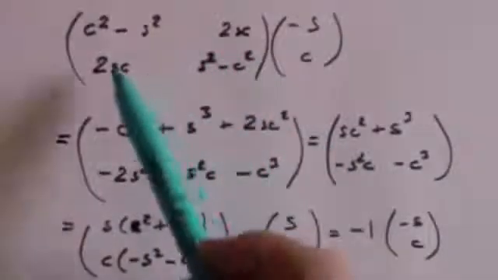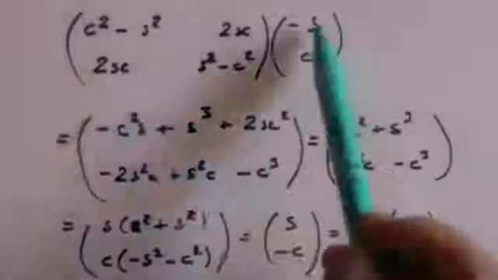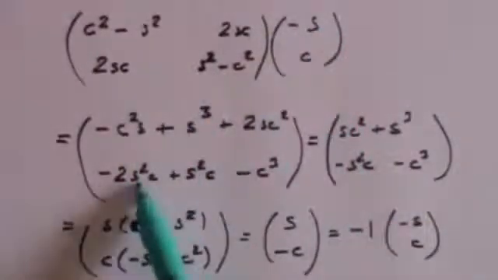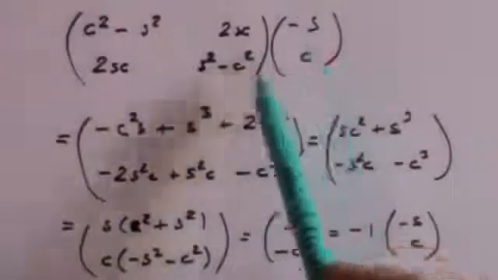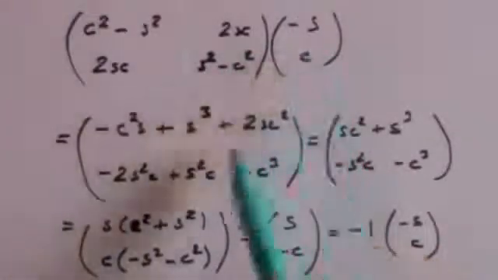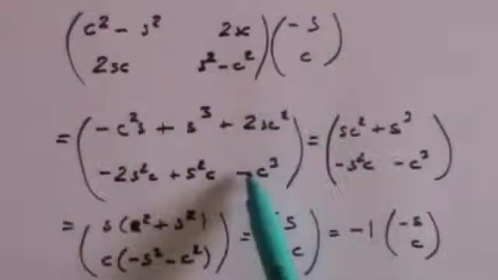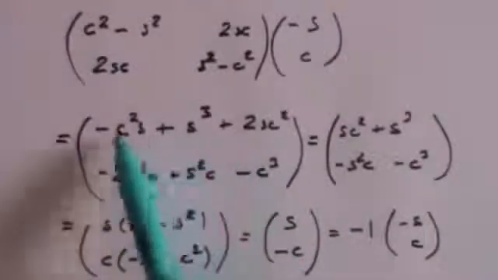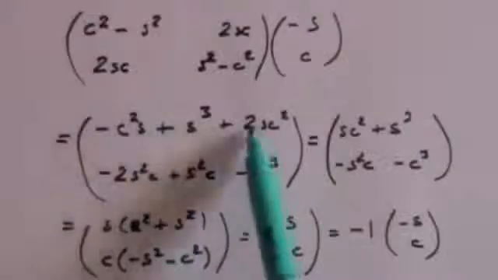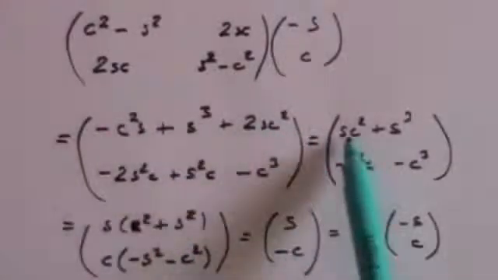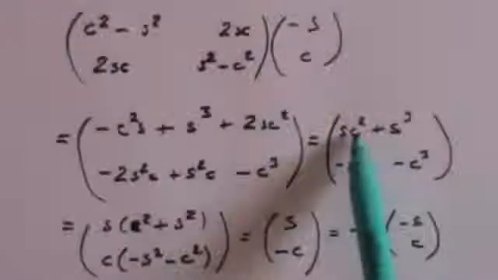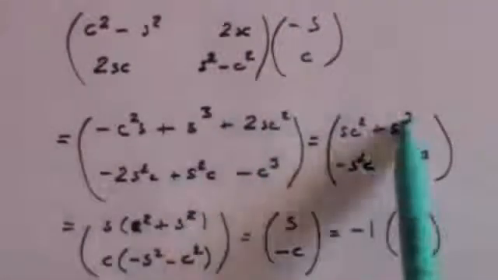And then on the bottom, you're going to get 2 sine cosine times minus sine, so that's minus 2 sine squared cosine. And then this times this is going to give you sine squared cosine minus cosine cubed. And you can simplify that by noticing that you've got a minus cosine squared sine and a plus 2 cosine squared sine. So that just becomes a single sine cosine squared plus sine cubed.